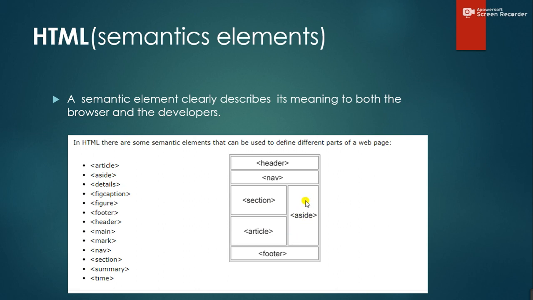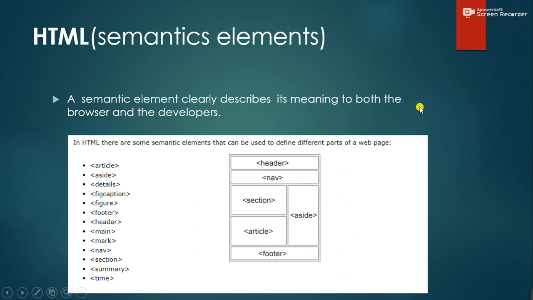For creating a sidebar, we can use the aside tag. After the section, we have an article, and at the bottom the page would have a footer. For creating a footer, we can use the footer semantic element.